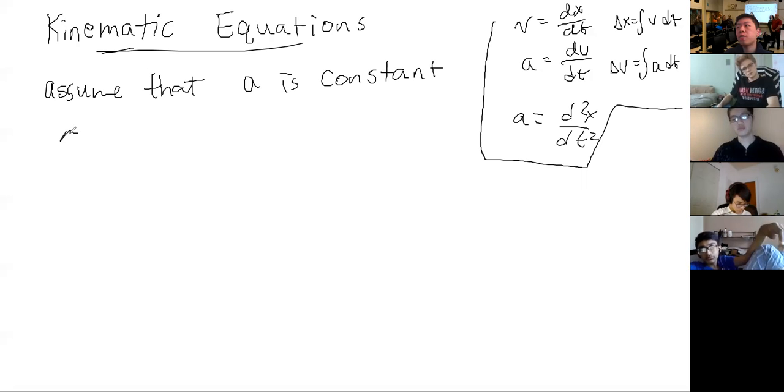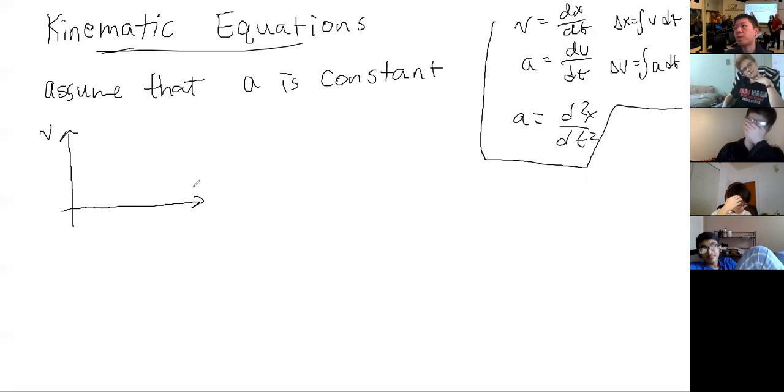Okay, so let's look at a v-t graph of some object moving with constant acceleration. So in a constant acceleration, do you think v is going to be linear, quadratic, or cubic, or like what degree of t is v going to be in?